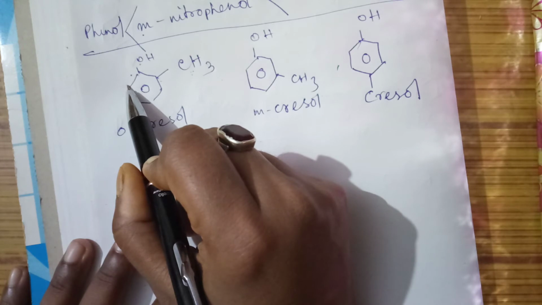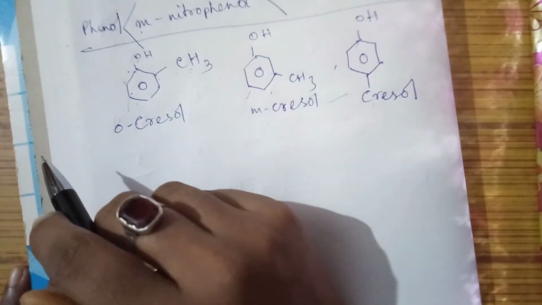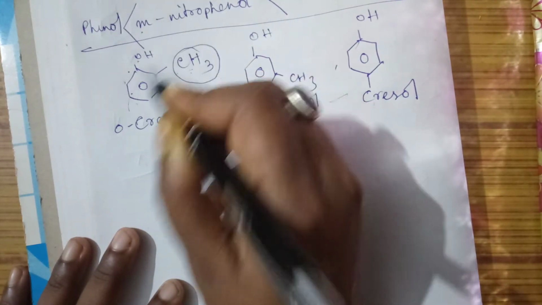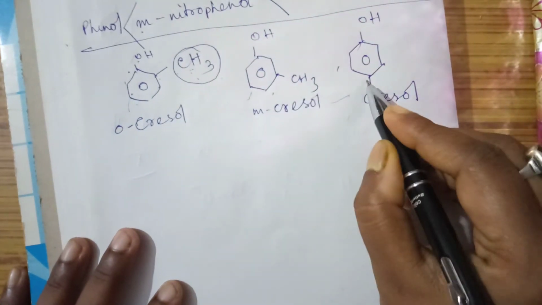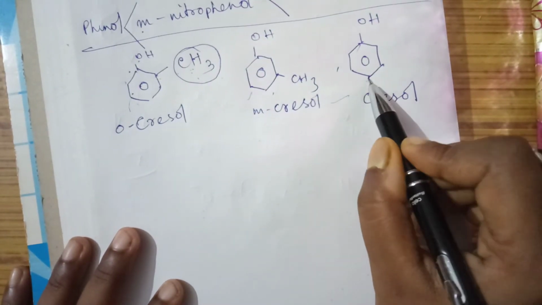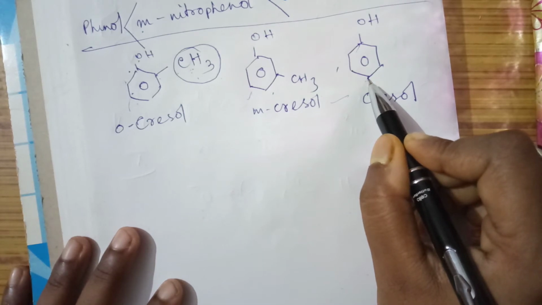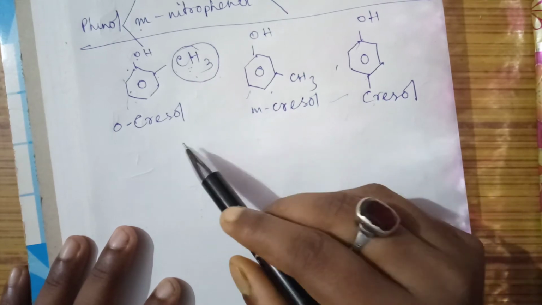But if we compare ortho, meta and paracresol, see, the methyl group can show its plus R effect from the ortho and para position. As I already discussed, any group can show its plus R or minus R effect better from its ortho or para position, but not from the meta position.